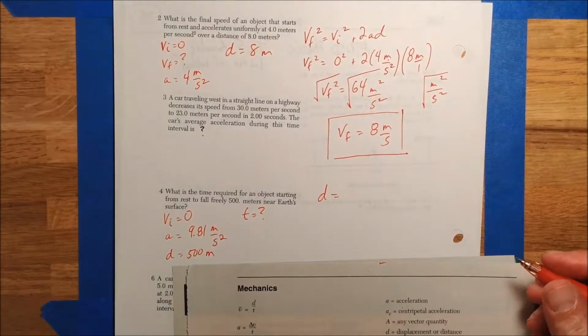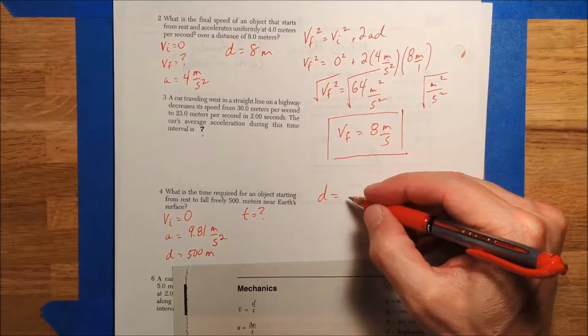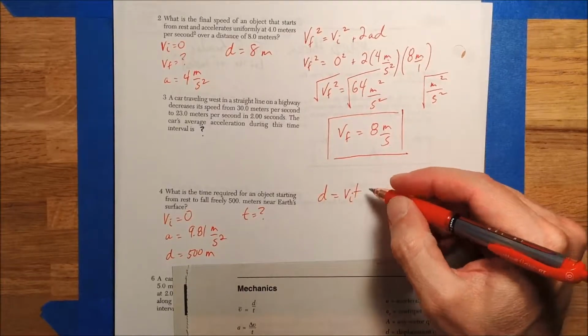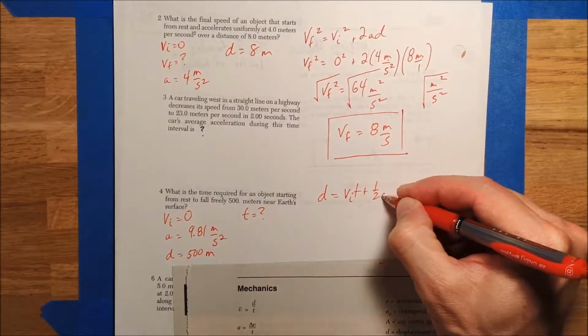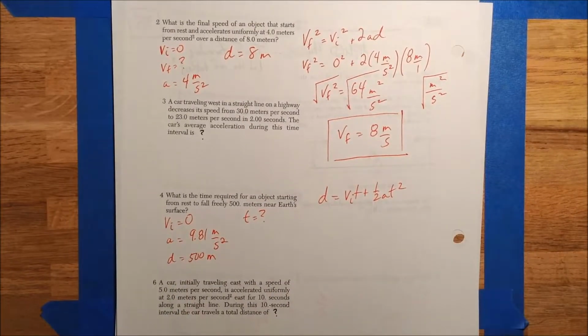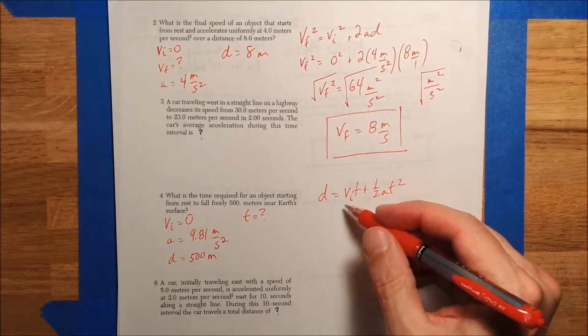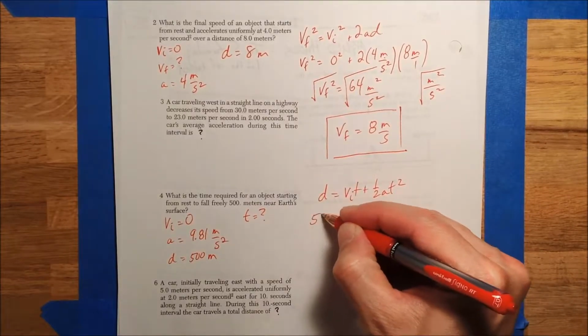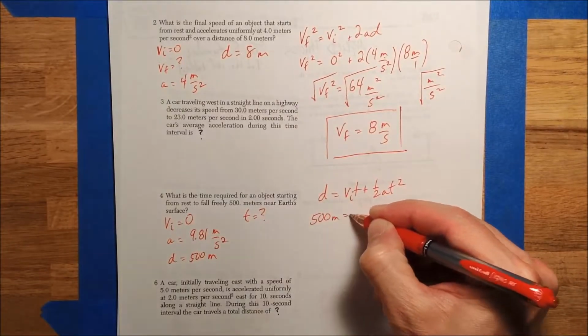D equals VIT plus 1/2 AT squared. So, when it comes to rest like that, VI is 0, and distance is 500 meters, this is what it falls.